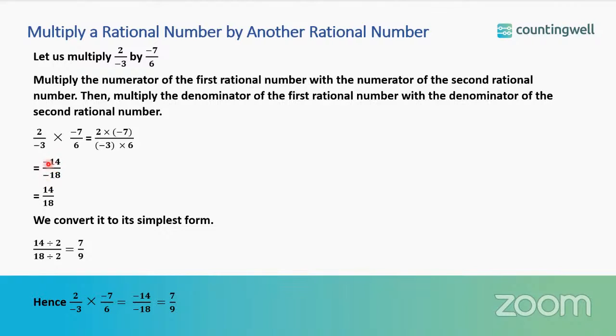Cancelling the minus from numerator and denominator, we get 14 by 18. Converting to its simplest form, you have to divide by the common factor. So we have 2 as common factor, so we have 7 by 9. That's why 2 by minus 3 multiplied by minus 7 by 6 will be equal to 7 by 9.